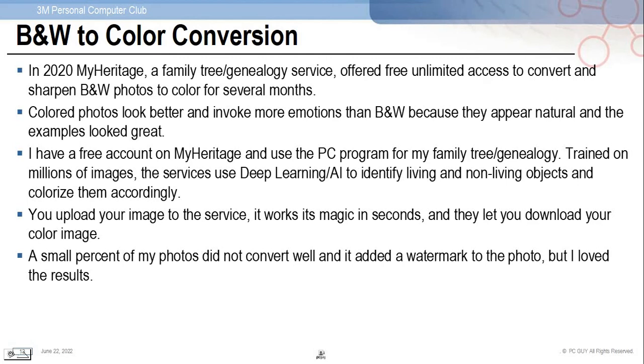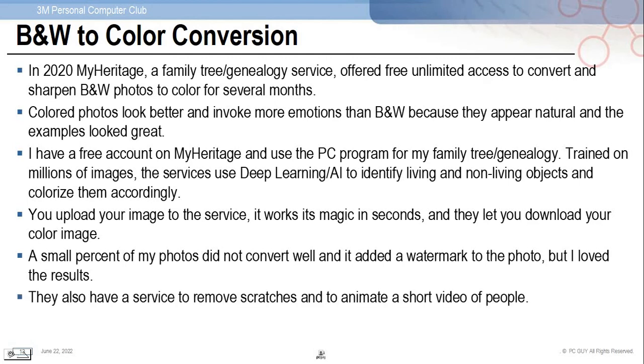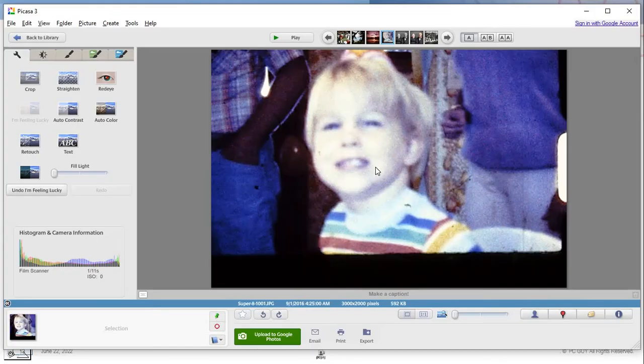This free version, when they had it, added a watermark on the photo that says MyHeritage. But personally, I love the results there. They also have a service to remove scratches and to animate a short video of a person. So we'll take a look at some of those in Google Photos.